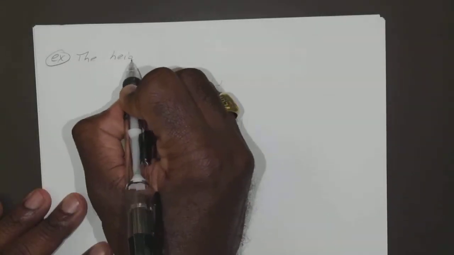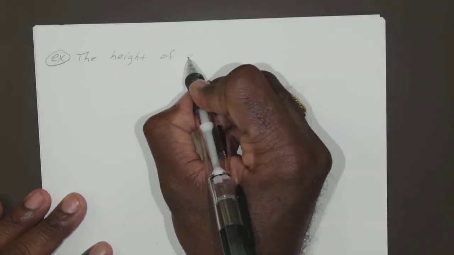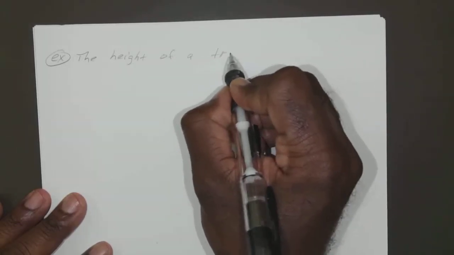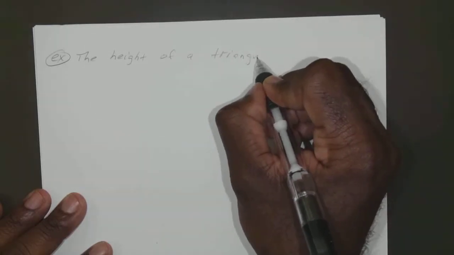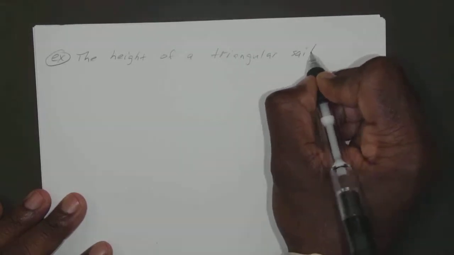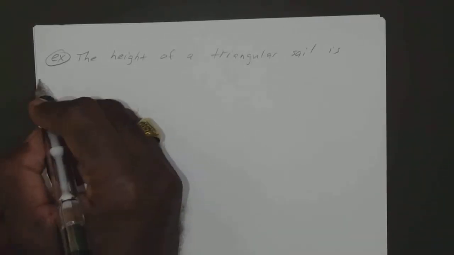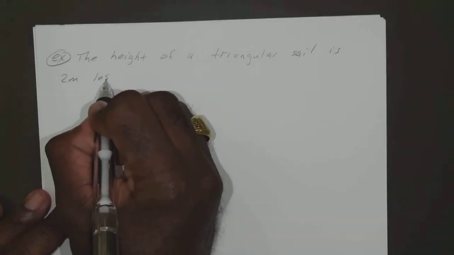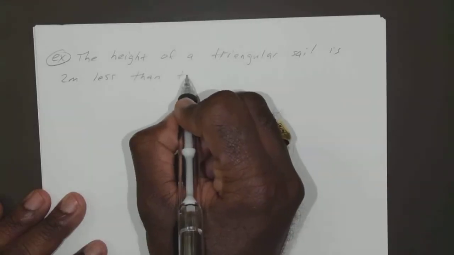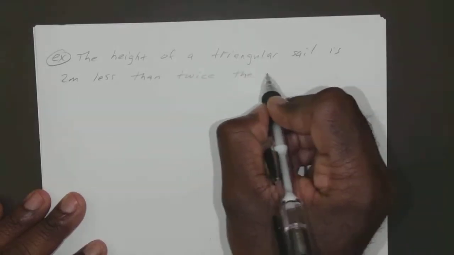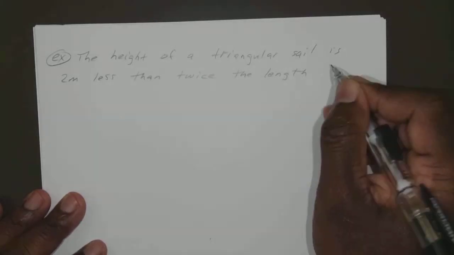Okay, so let's say we have the height of a triangular sail is 2 meters less than twice the length of the base.